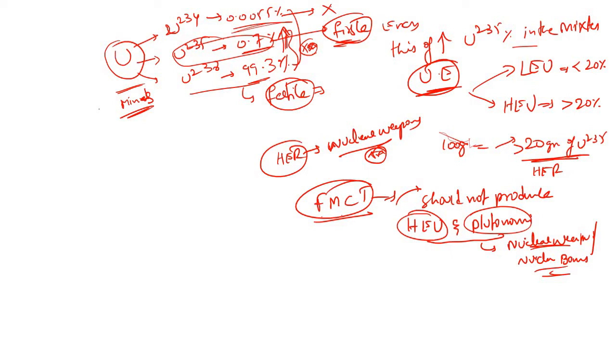Okay, hope you understood the composition of uranium oxide which is extracted from ores. So uranium-235 is 0.7% and uranium-238 is 99.3%. But we have seen uranium-233 is also fissile material, but this is not naturally found, means it is artificially produced.